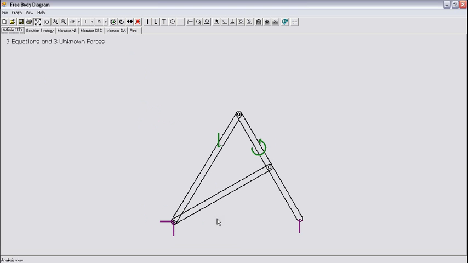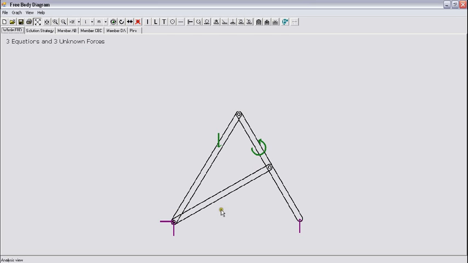So what is the takeaway from this video? When you are looking at a frame, examine each and every pin joint. If a pin joint is connecting only two members, or a member and a roller, or a member and a pin, then the equilibrium of that pin is a simple statement of Newton's third law, and in most cases you can even ignore it.